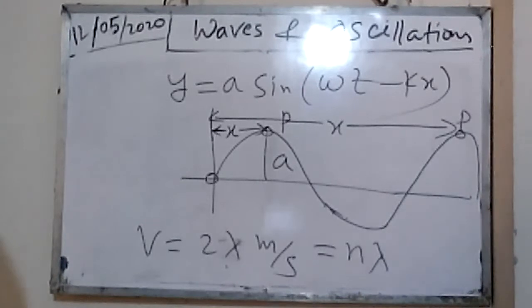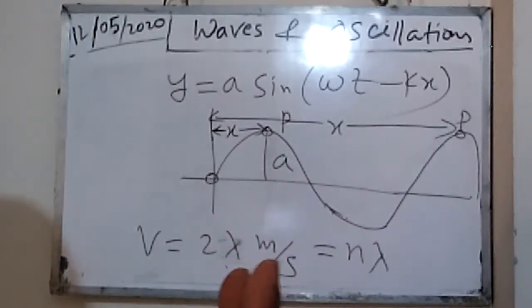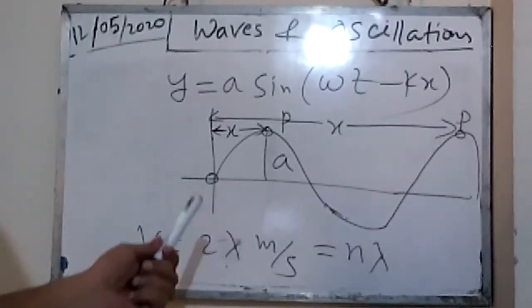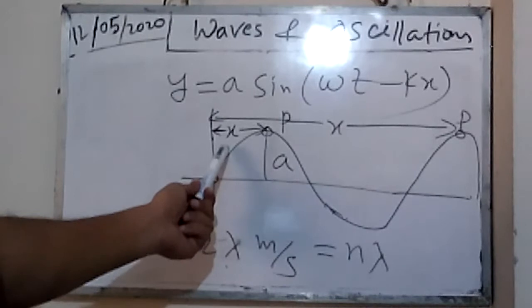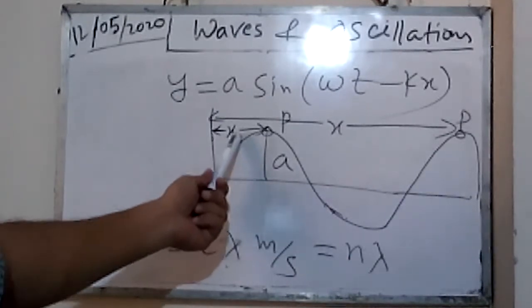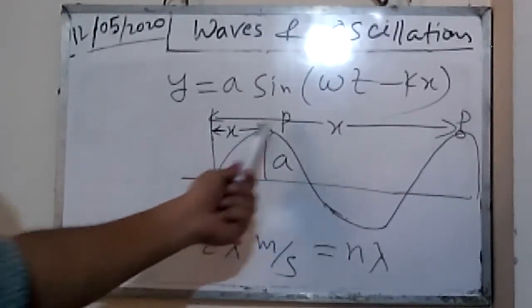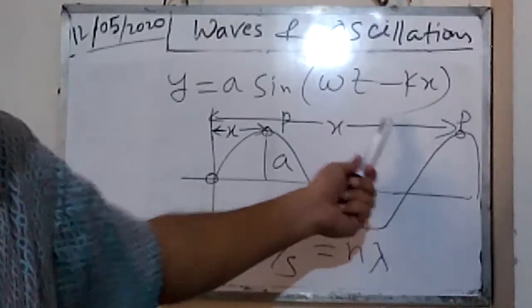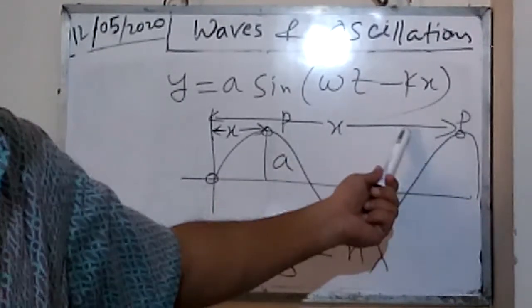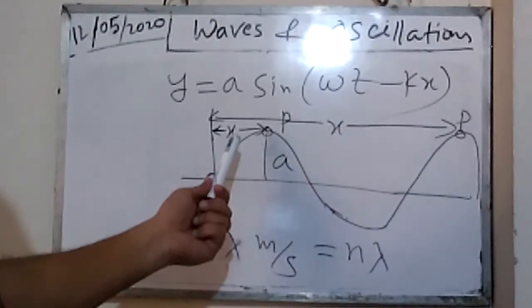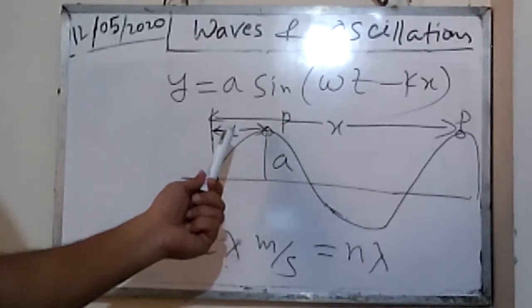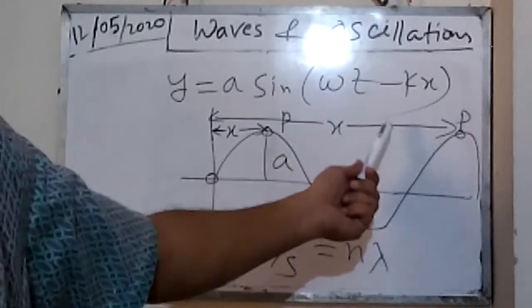x is the distance of a definite particle. Suppose you choose the first crest. After some time from the first crest, you will get the second crest.